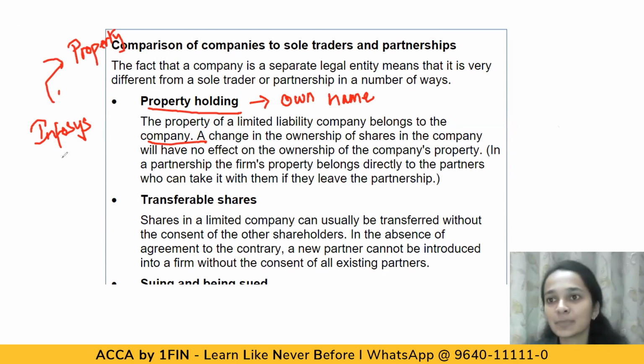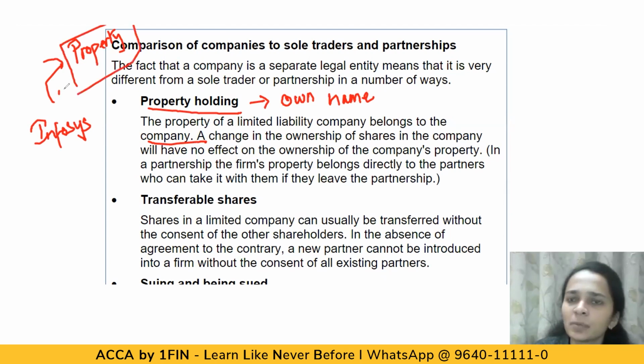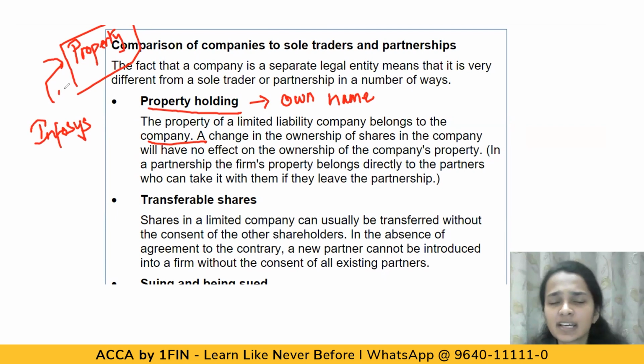Now, if I sell my Infosys shares to someone else, that will not bring any change in the property of Infosys. The property will still belong to Infosys. So, separate legal entity gives the company a right to hold property in its own name, and a change in the ownership of the company will have no impact on the property.